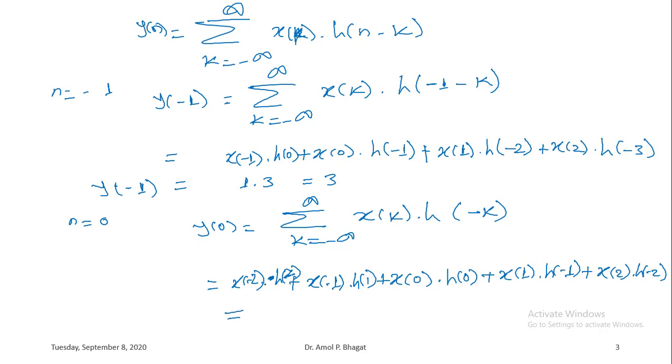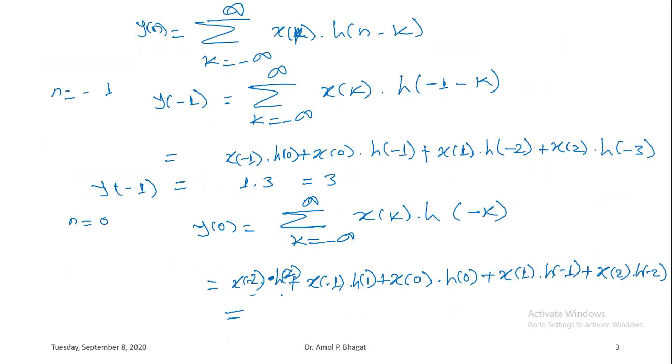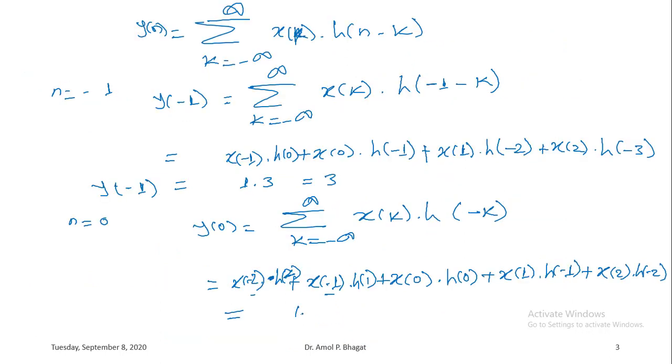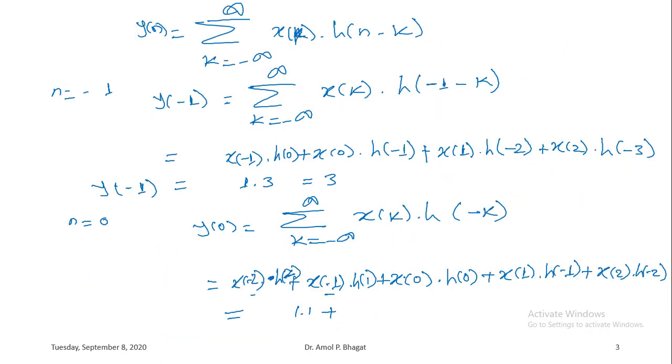Again, as per the given sequence, x of minus 2 and x of minus 1 are 0. So x of 0 is 1 and h of 0 is 1, so 1 multiplied by 1 will be there, plus x of 1 multiplied by h of minus 1. X of 1 is 0 and h of minus 1 is 3, so it will be 3 multiplied by 0.